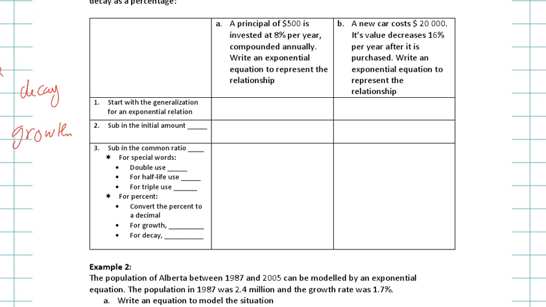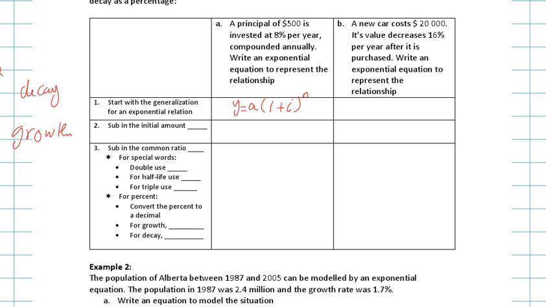So what formula do I have to use? Let's use the generalized one: y equals a(1 plus i) to the power x. It's a growth, so it's 1 plus i.